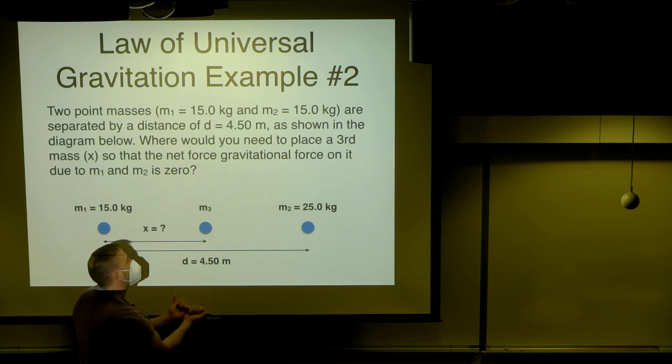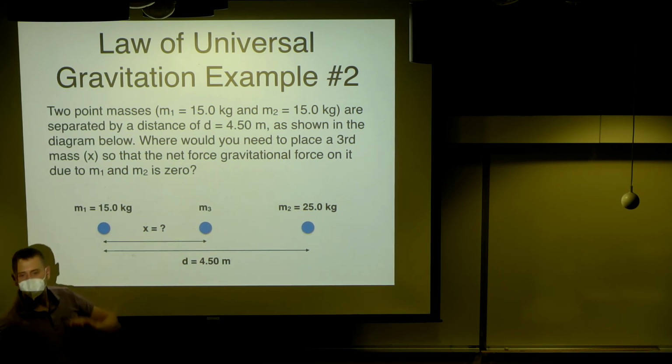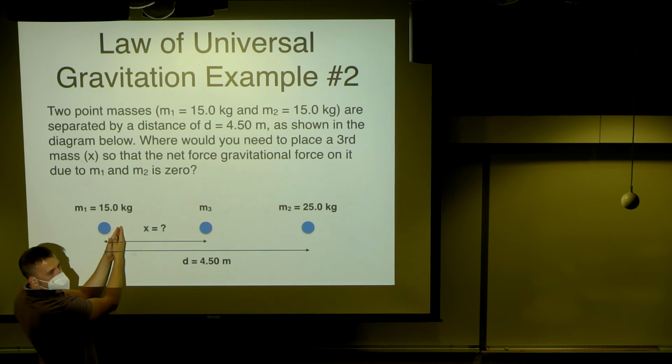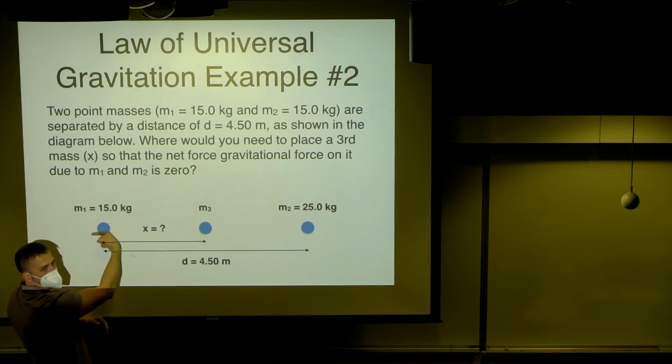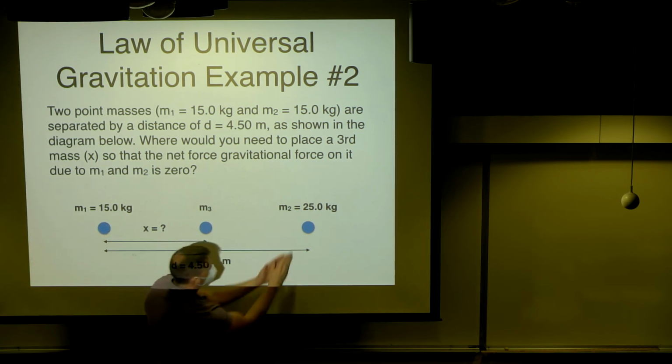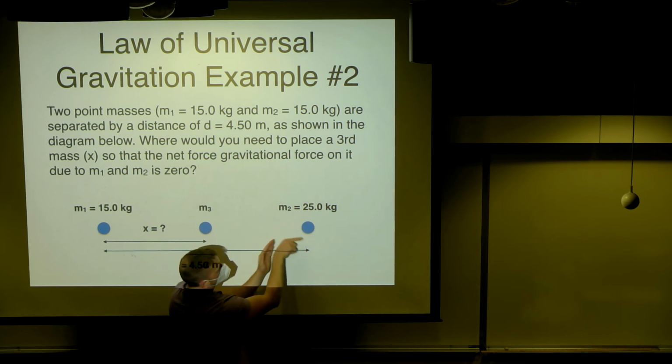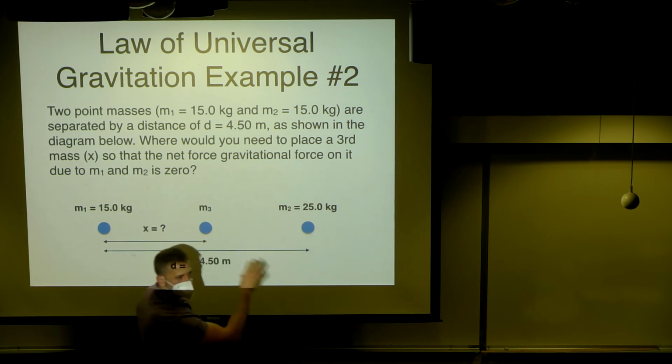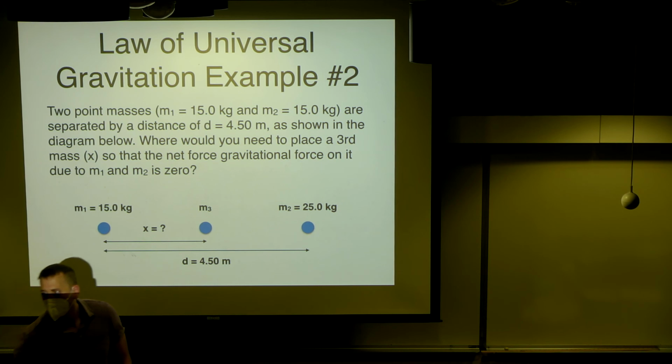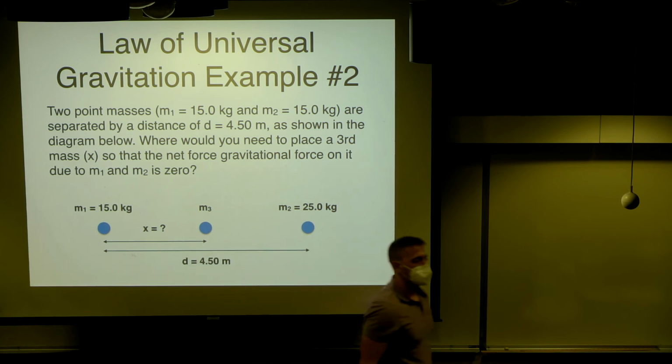In order for that to work, there's a certain spot we have to put it in such that the forces cancel, right? Like if I put it too close to mass 1, they won't cancel because I have a bigger force pulling it this way. If I put it too close to mass 2, then this force is going to win out. So there's some kind of sweet spot in the middle where the forces cancel out. Okay? So we're going to find that.